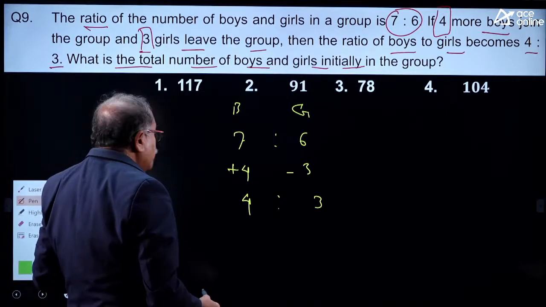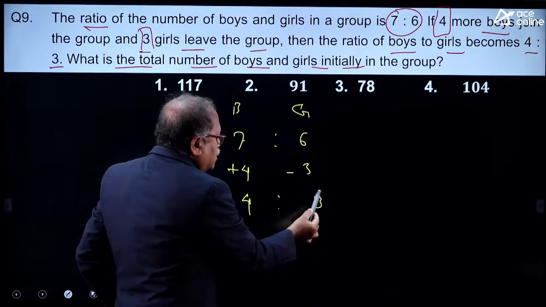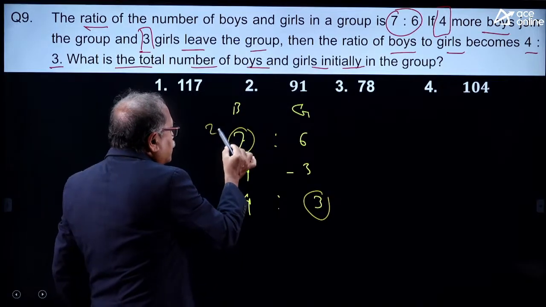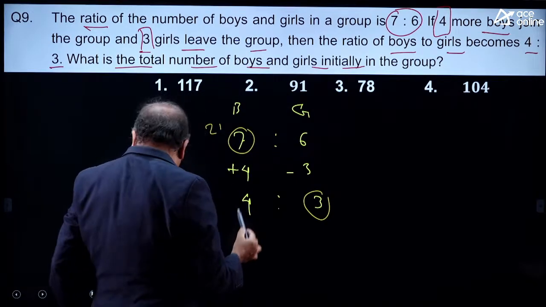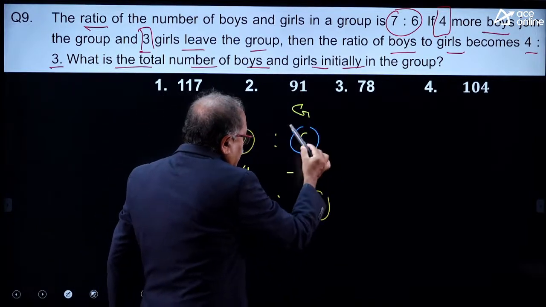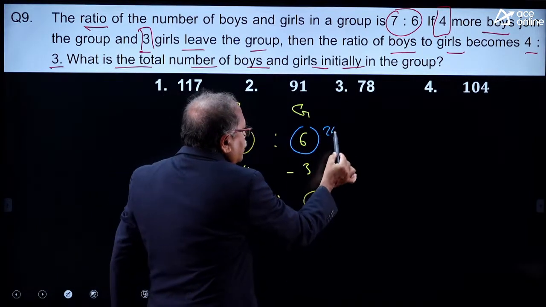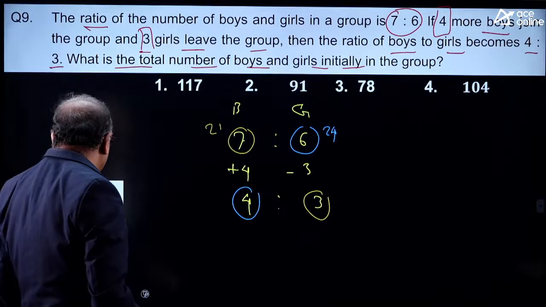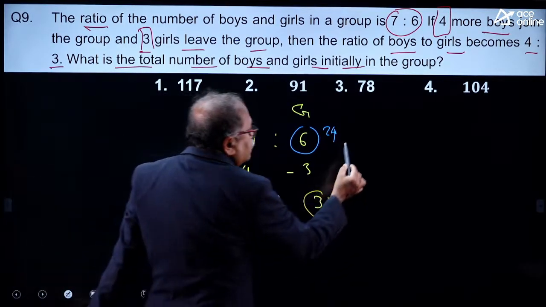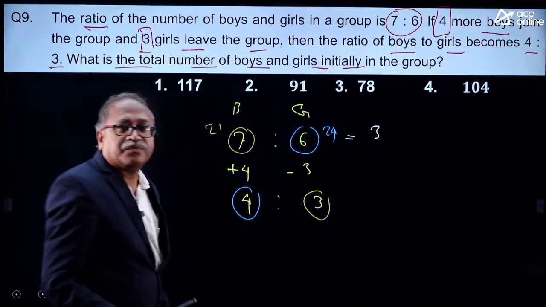4:3. What I am going to do over here is 3 into 7, that comes 21, and I will multiply this part over here, that is 4 6 is 24. So, what is the difference between 21 and 24? That difference comes 3.